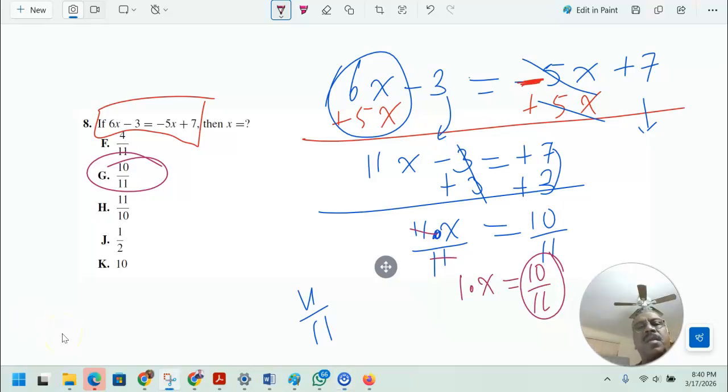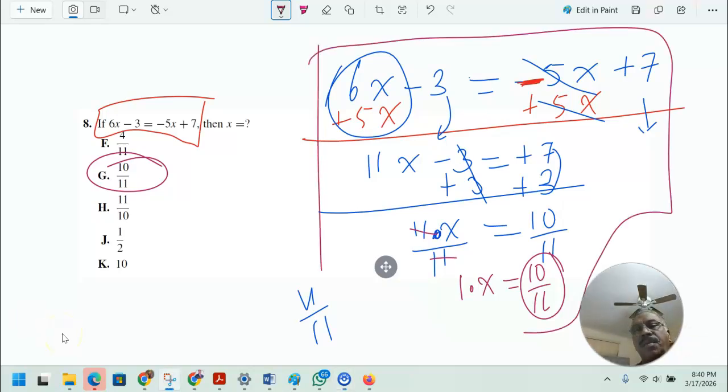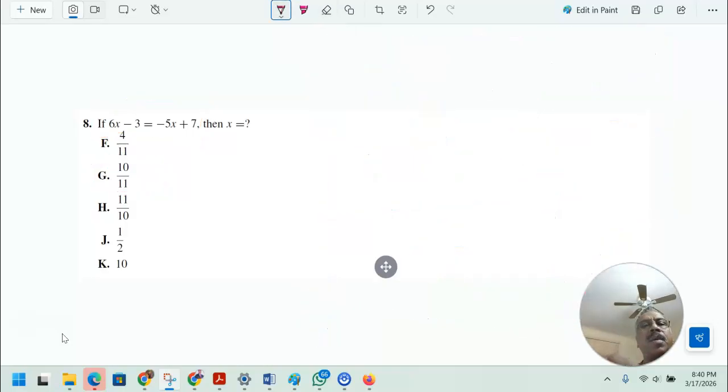The question is, is it possible to do this problem without this? So let's see. Look at this. This is minus 5x. So mentally you can think of it as if this goes to the other side as plus 5x. So this plus 5x will give you 11, so that will be 11x.